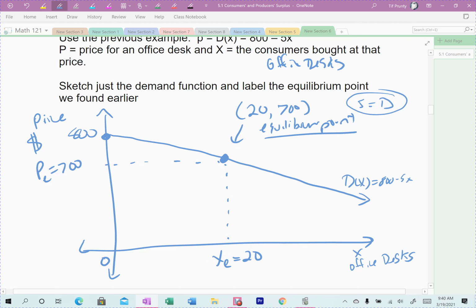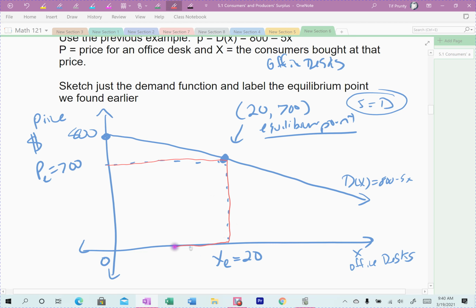So when they set their price to $700 per desk, in this small competitive market, they would expect to sell 20 of them. All right, that's the demand. The demand would be 20. All right. And so this is my demand function. And what we're looking for, or what we would need you to sort of understand, is I put these dotted lines here.